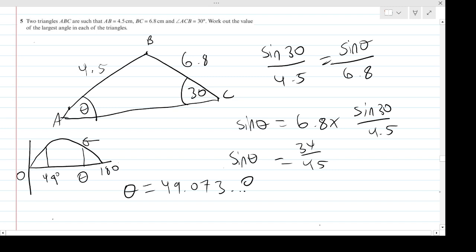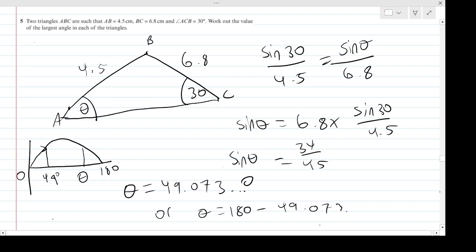Again, there and there, and that gap is the first solution. So therefore, the next solution is 180 take away that solution, and that's always how I'm going to get the next solution.